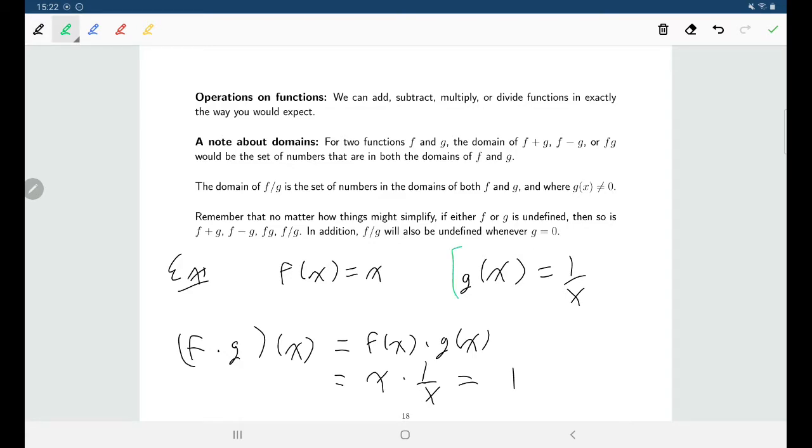Now, g was originally undefined when x was 0. x could not be 0, otherwise g of x would be undefined.